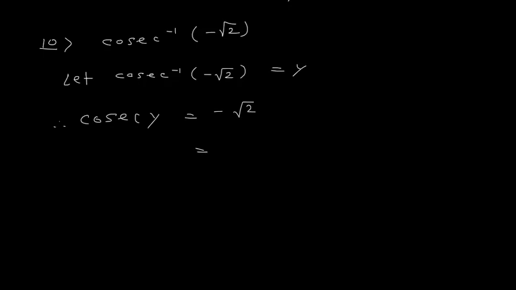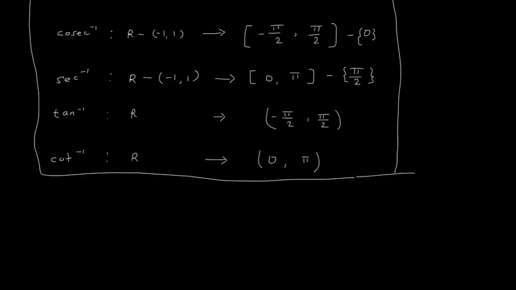Now cosec is reciprocal of sine, so it is minus. This root 2 I will write in terms of cosec as cosec pi by 4. Now the principal value branch of cosec, if we see, this is between minus pi by 2 and plus pi by 2, excluding 0.